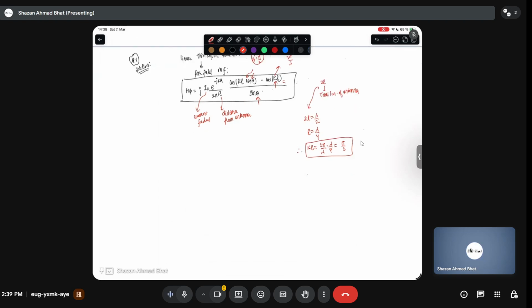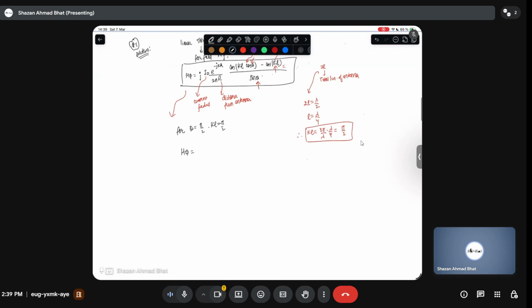So when you solve for theta equal to pi by 2 and kl equal to pi by 2, you get H of phi equal to I naught divided by 2 pi r. And this is essentially the magnitude only. When you take the magnitude, the e to the power k term no longer appears. This whole equation evaluates to 1, and you're taking the magnitude.